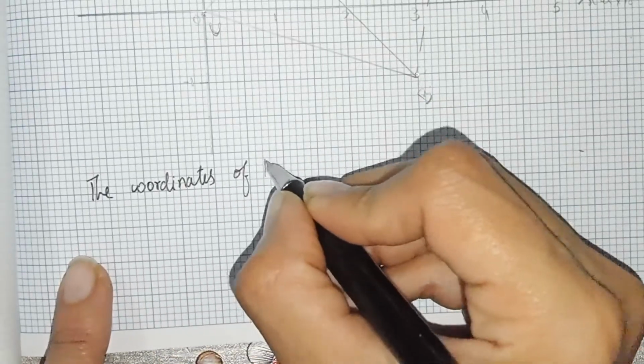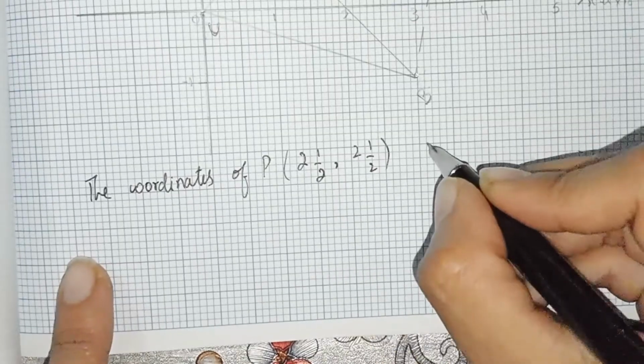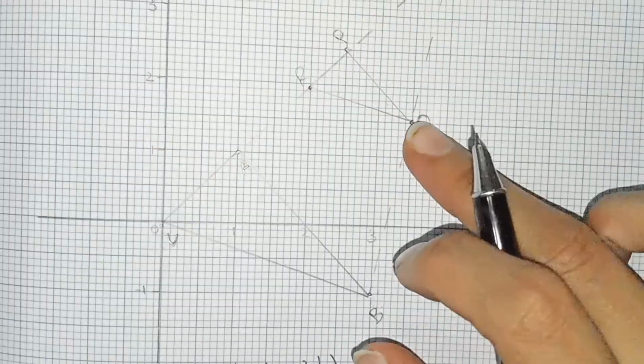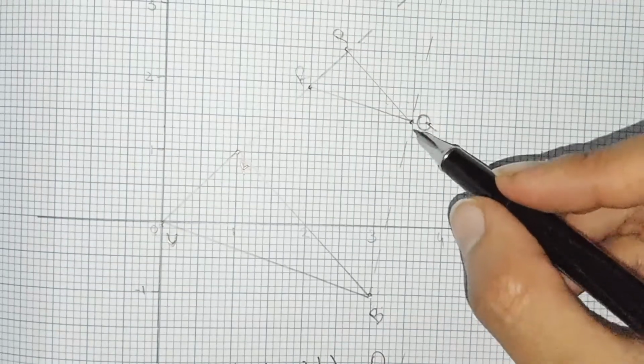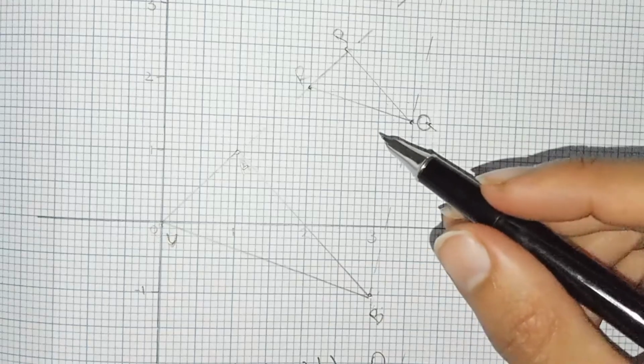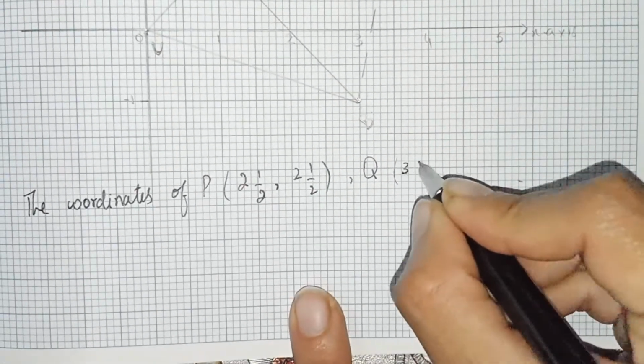The coordinate of P is (2.5, 2.5), and this is the point Q, and the coordinate of Q is 3.5 along the x-axis, and along the y-axis it is 1.5.